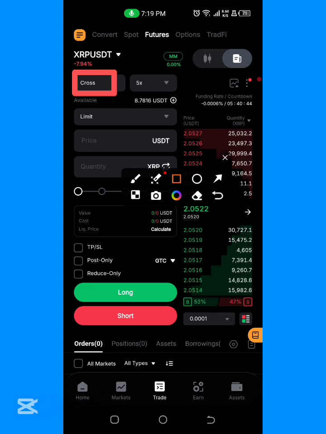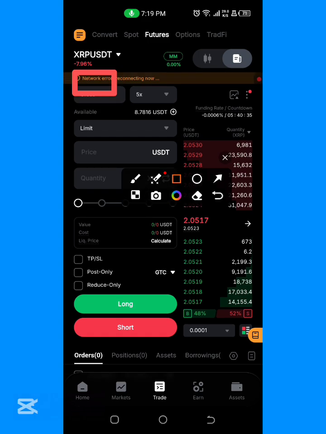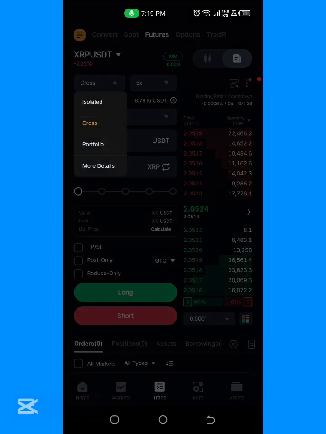In futures trading, there are two basic modes: isolated mode and cross margin mode. Now I'm going to explain. First of all, let me select isolated.